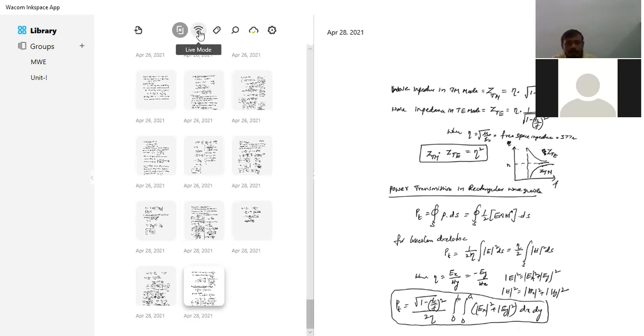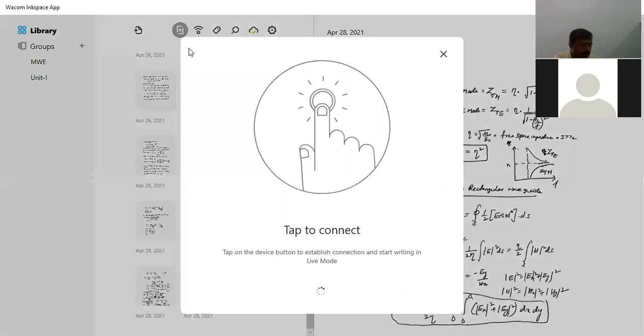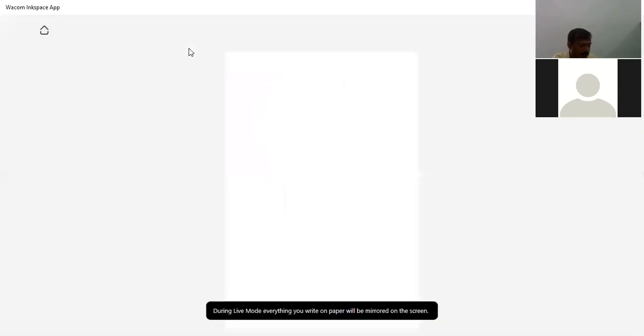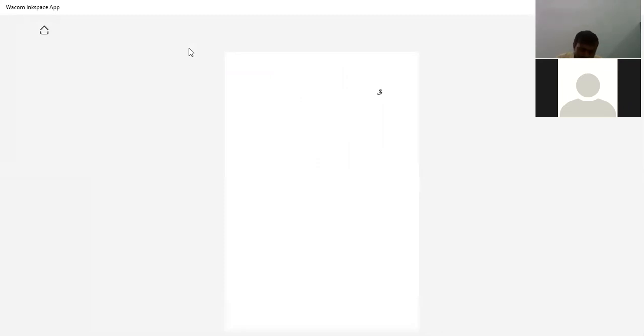Another most important thing we need to see here is the power losses, or attenuation, in rectangular waveguides.